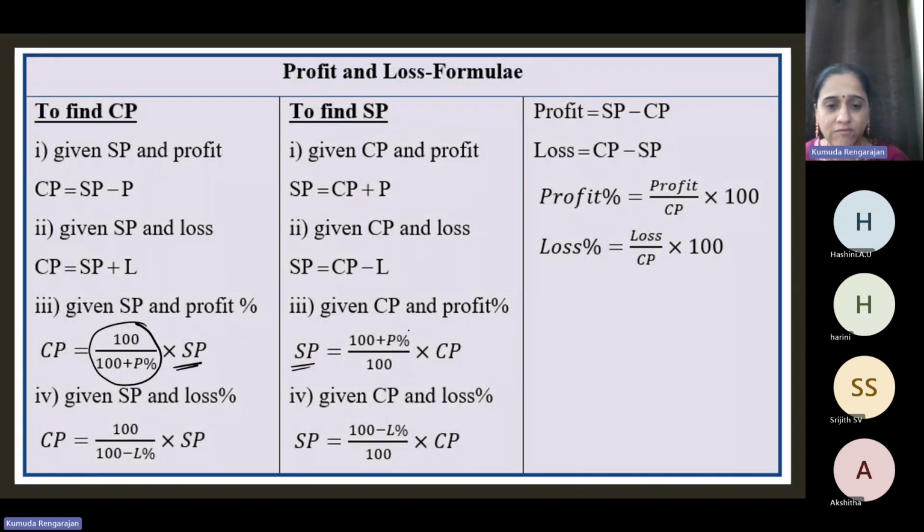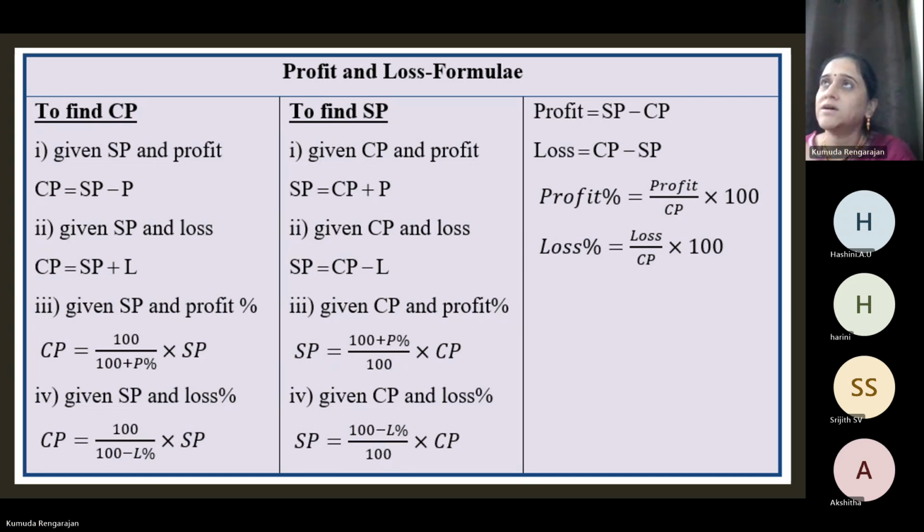Similarly, SP will be a fraction into CP. Now what is that fraction? That fraction will be 100 by 100 plus profit percent, or 100 by 100 minus loss percent. If it is loss, it is 100 minus loss percent. If it's profit, it is 100 plus profit percent.